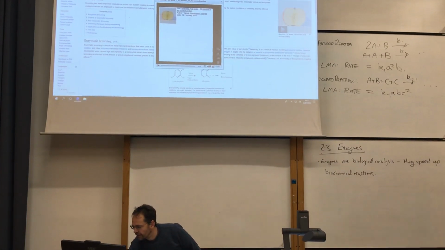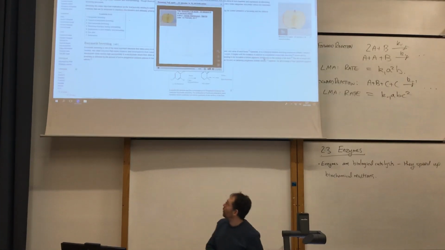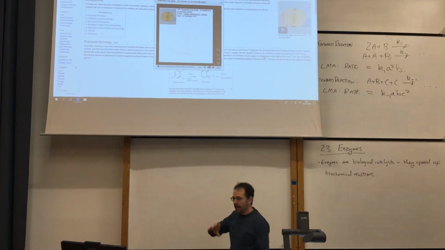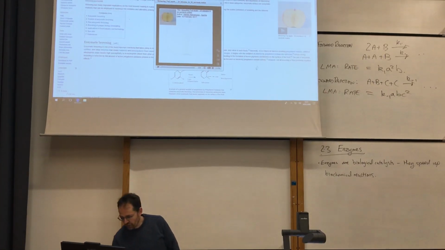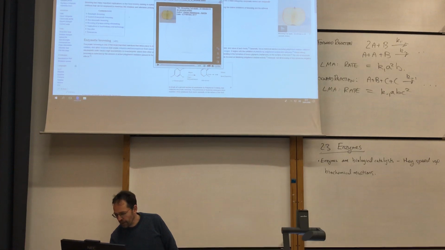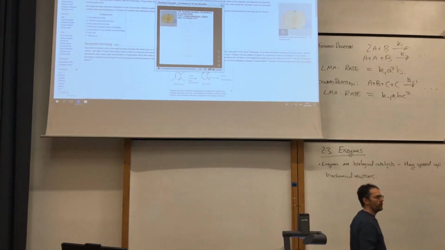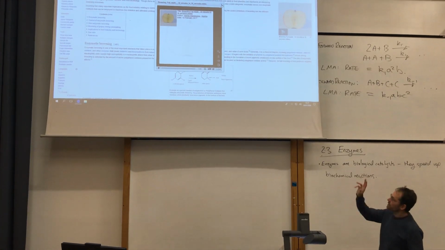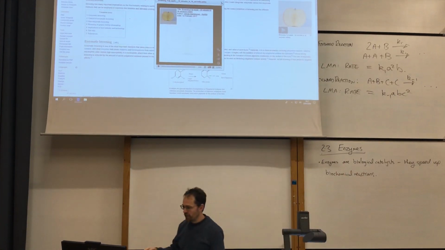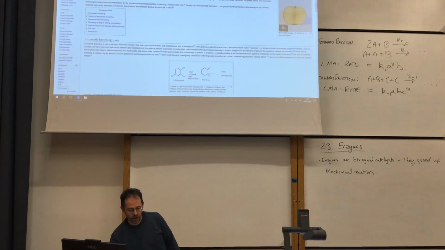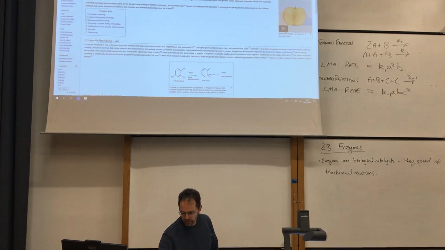The actual enzymes are polyphenol oxidases, and it's the action of those when they combine with the oxygen that hastens this browning process. Okay, so that's an example of an enzyme reaction that you would be very, very familiar with.